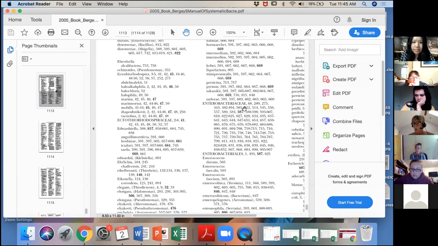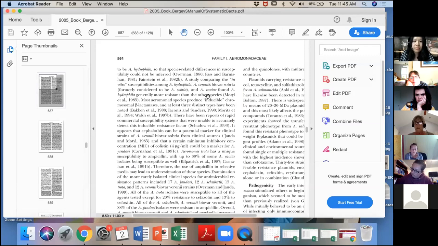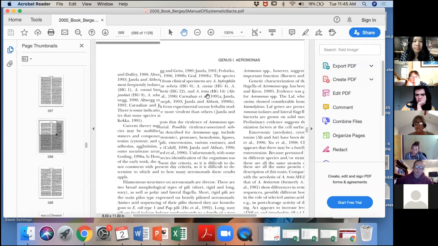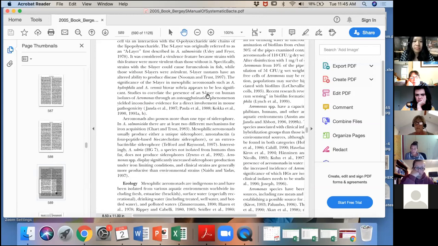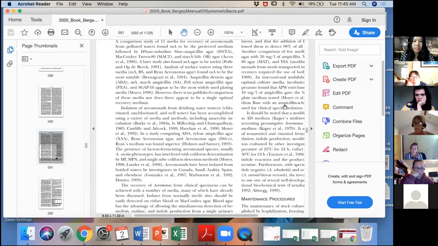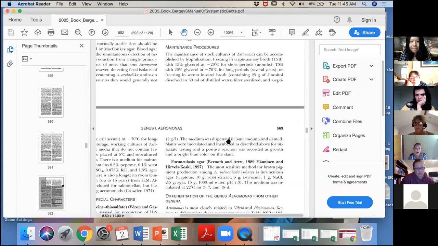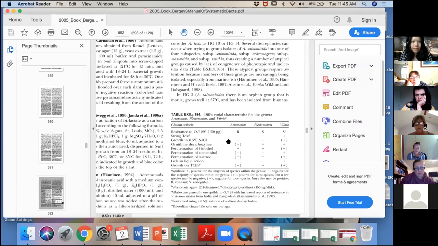587 is in bold. So now what I'm going to do is come up here, and if I type 587, it's going to bring me close to where I should be. I'm only on 569. I don't know why it didn't take me.